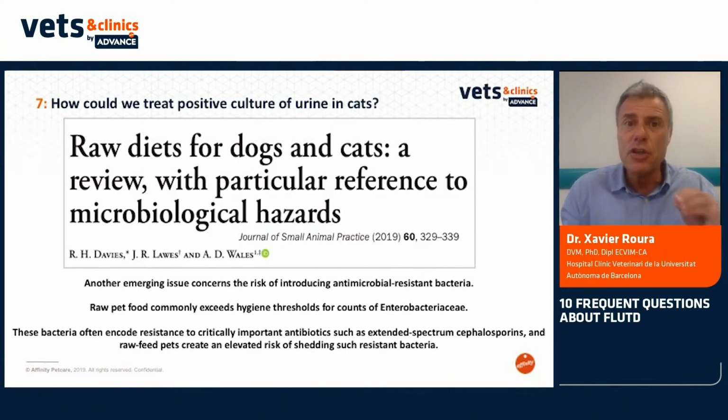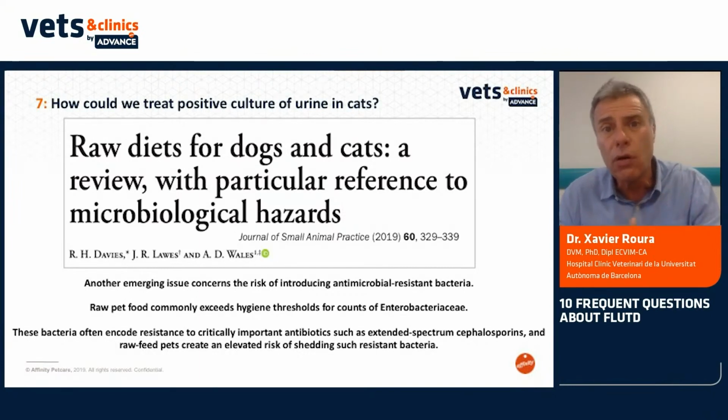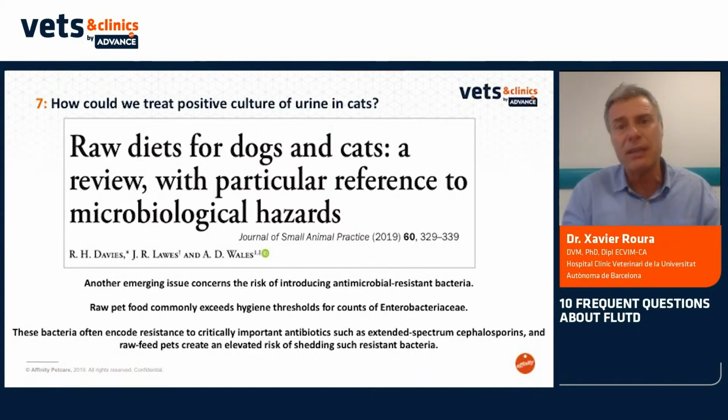And perhaps the use of raw diets could increase the risk of introducing new antimicrobial resistant bacteria, because in general, in this kind of diet that is not controlled, health control of this diet can control the excess of enterobacteria. And this kind of enterobacteria is now one of the big problems of resistance in humans, but also in dogs and cats.